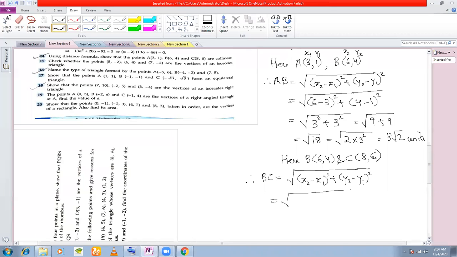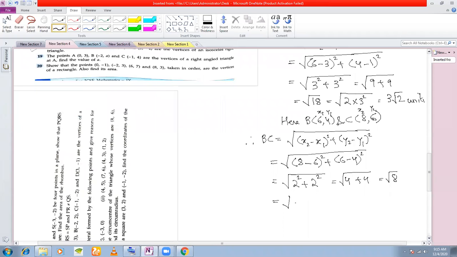So which is root over of, consider this as your x1, y1, x2, y2. x2 minus x1, 8 minus 6 whole square plus 6 minus 4 whole square. Root over of 8 minus 6 is 2. 6 minus 4 is also 2. But this is root over of 4 plus 4, which is root 8. Which again, if you prime factorize, you'll get root over of 2 cube. It can be written as root over of 2 square into 2, which is nothing but 2 into root 2 units.